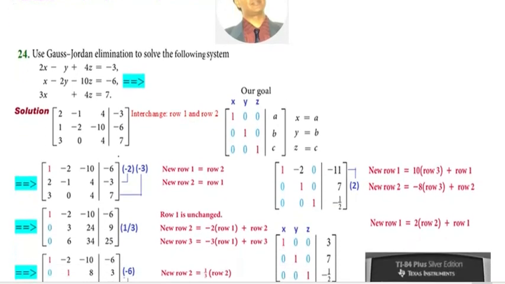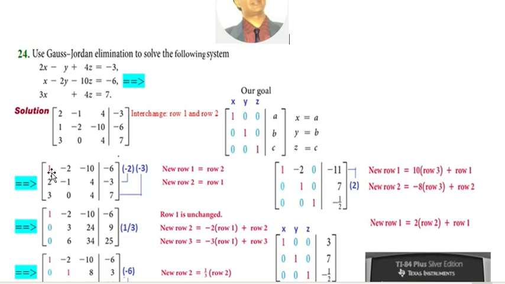So we need to turn this to 0, we need to turn this 0. And to do that, multiply row number 1 by minus 2 and add it to row number 2. Multiply row number 1 by minus 3 and add it to row number 3. And keep row number 1 as it is. So that is 1, minus 2, minus 10, minus 6.